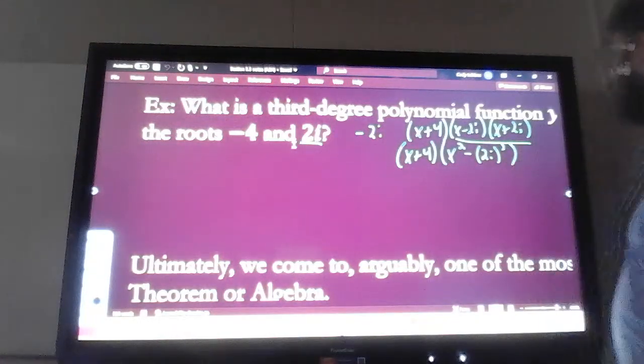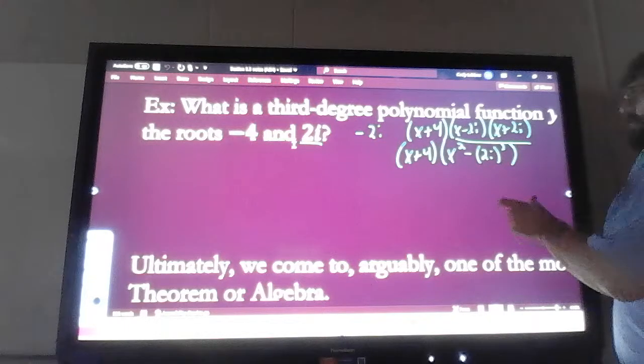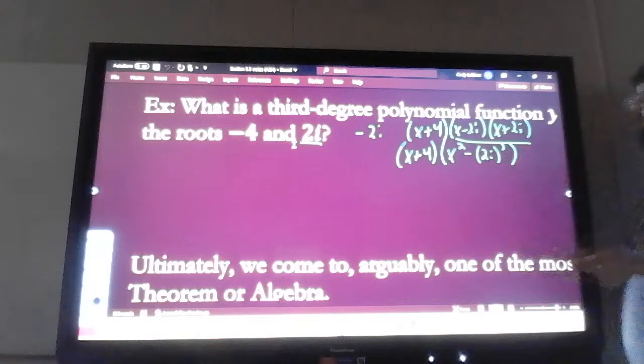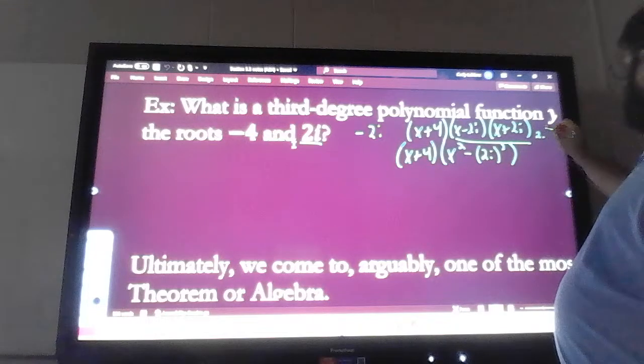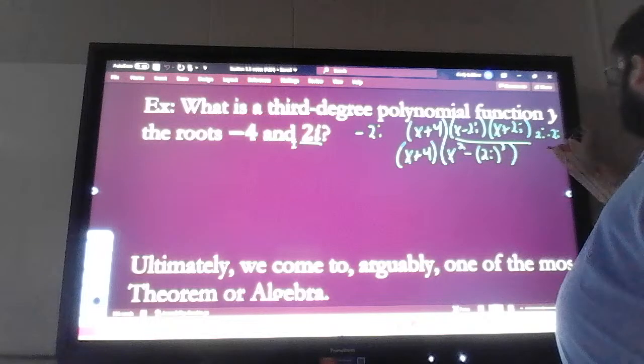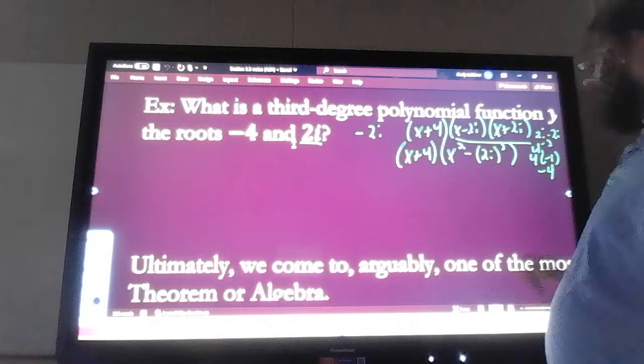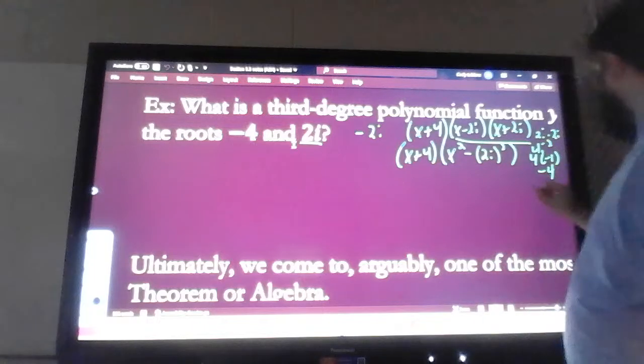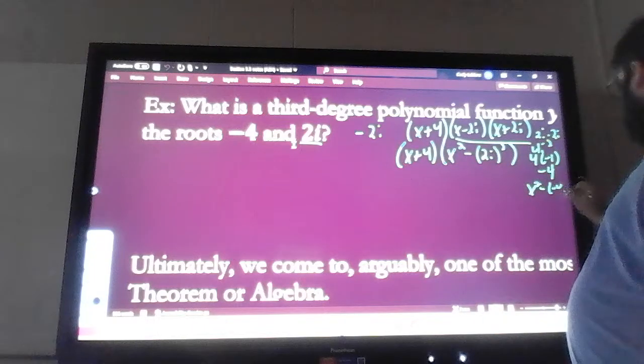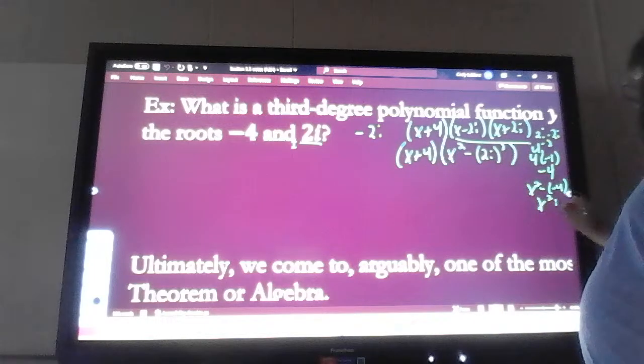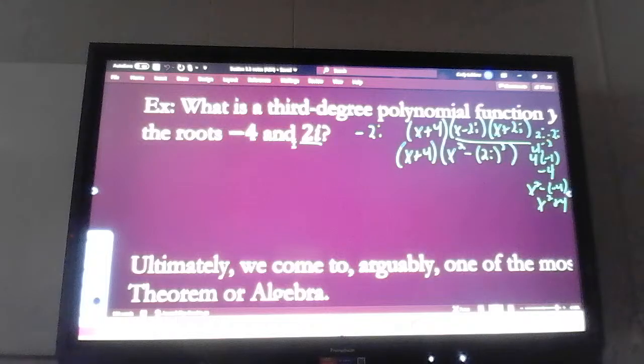Now, I'm writing this as a difference of squares for this particular reason, because if I write this as a difference of squares, then it's going to actually come out to be a sum of squares anyway, okay? So 2i squared, 2i times itself, that's 4i squared. We know that i squared is always -1, so that's -4, right? So x squared minus -4 is the same as x squared plus 4, and again, that's why it can be written as sum of two squares.